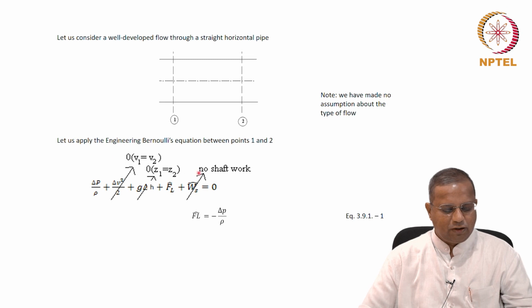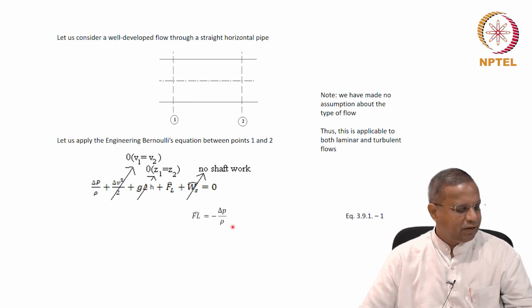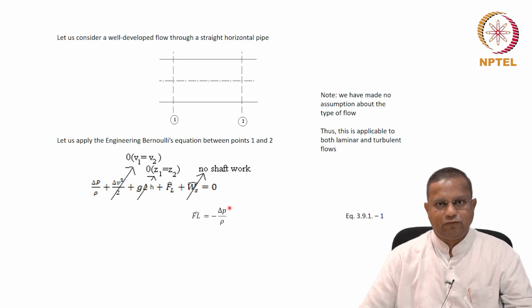These are all energetic aspects, there is no relationship to the mechanics of flow. It's all energetics of flow. So this is applicable irrespective of the type of flow, both to laminar and turbulent flows. That way it's powerful. In terms of use, it's very powerful.